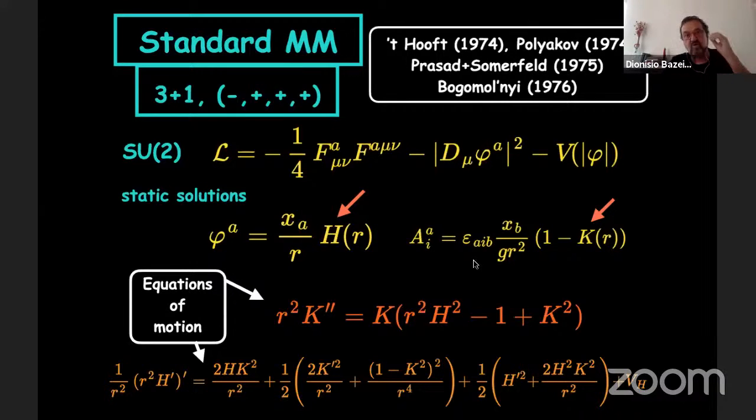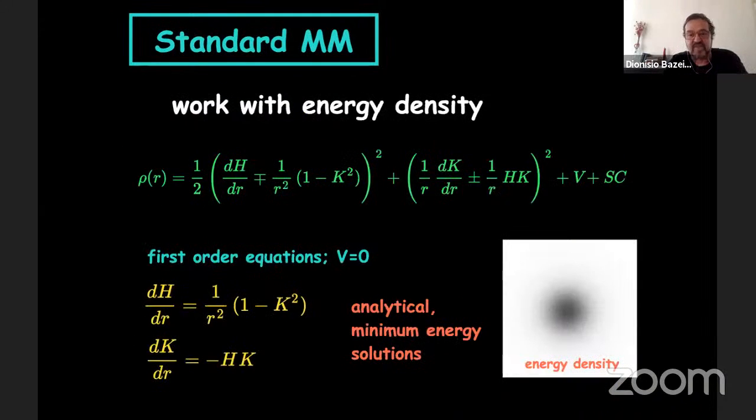So we go in the same way I told you. We look for the energy density. We work with the energy density, and after some analytical calculations, we can write the energy density in this way: as the square of something related to the scalar field, and the other contribution related to the gauge field, plus the potential, plus a surface contribution, which I'm not going to tell you.